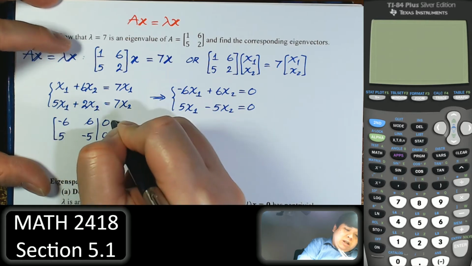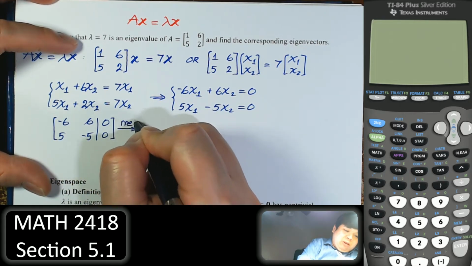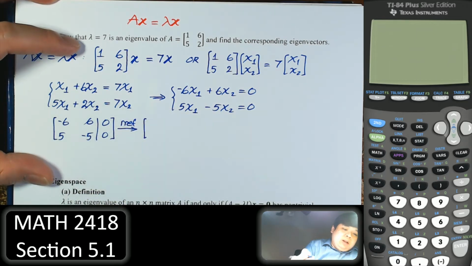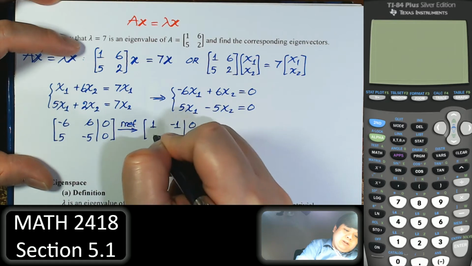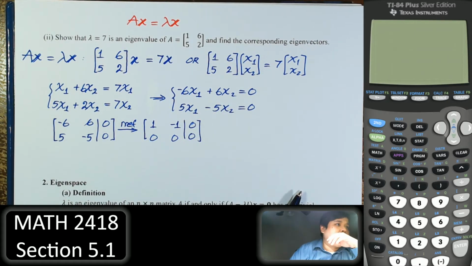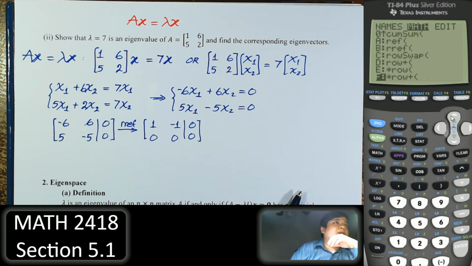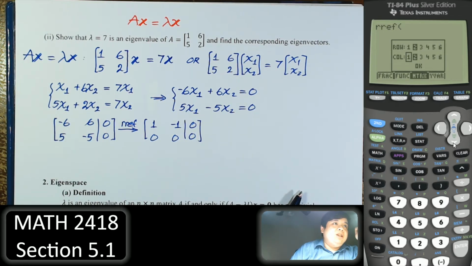So this is a homogeneous equation, reduced to echelon form. We should have 1, negative 1, 0, 0. It is easy to see, because if I just subtract the two equations, they are exactly the same.